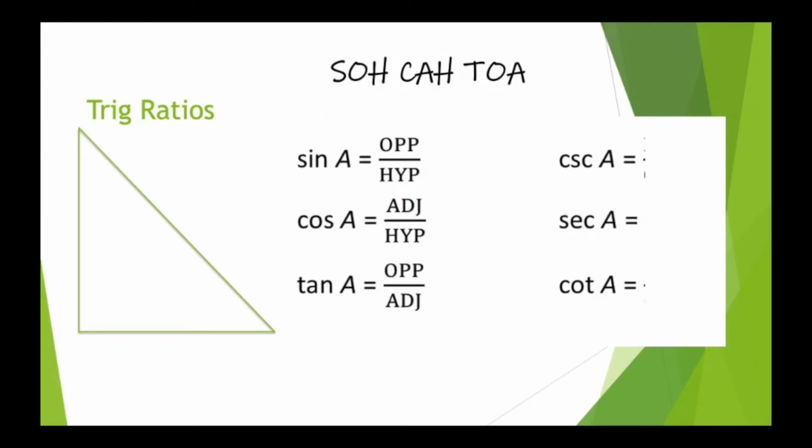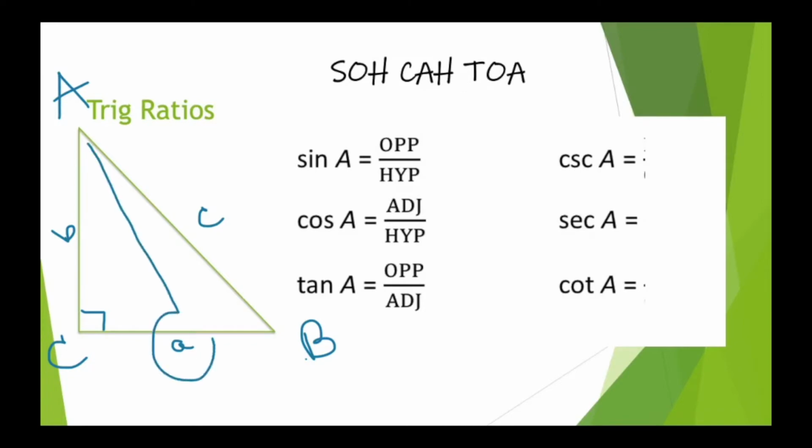So if I was to divide the opposite and the hypotenuse, I would get the sine of A. So if we have our ratios on here, we have sine of A. The sine of A is right here, the angle. Opposite over hypotenuse will be a over c. That's the opposite side. And the hypotenuse is always that letter C.